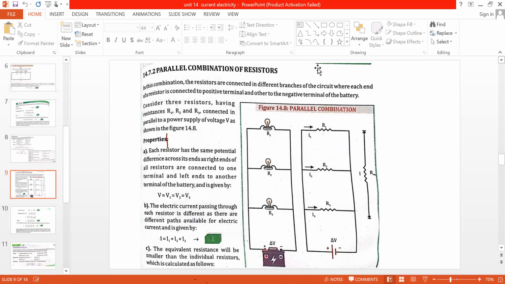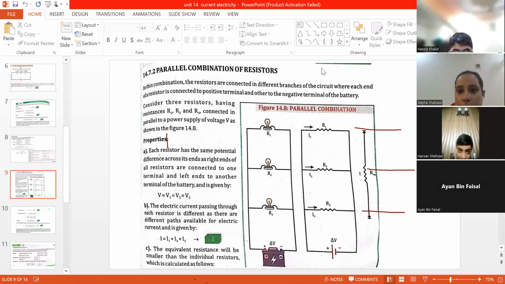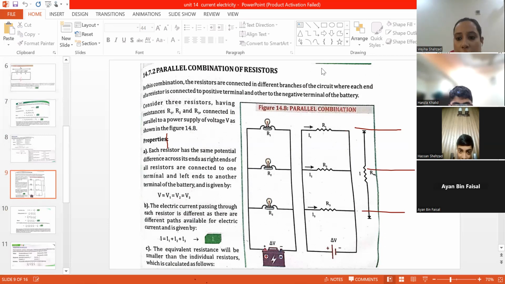This is the resistor R1, this is resistor R2, this is resistor R3. So these resistors are parallel to each other. This means R1, R2, R3 are not intersecting each other at any point, so we call them connected in parallel combination, right?